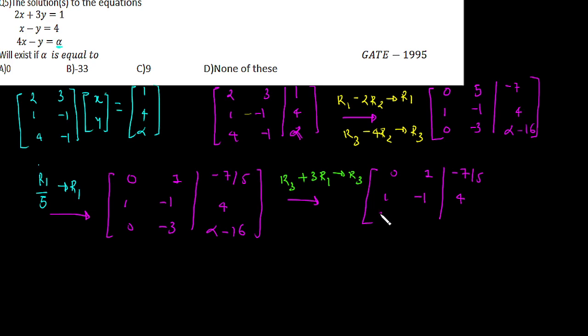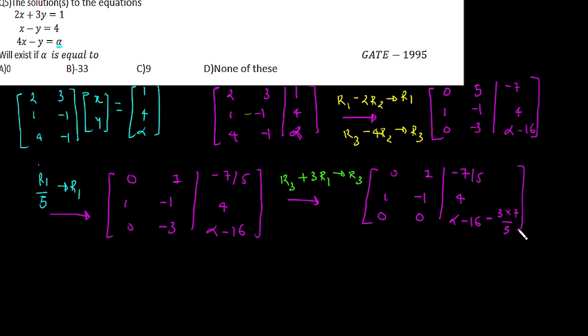Now in the third row we already have 0 here. Here we have minus 3. We got plus 3 from this first row. So we got 0. Now this alpha minus 16 remains as it is. Now we have to multiply this entry with 3 and add in this. So here we are getting 3 times 7 by 5, because it has minus sign. So we have to put it here.